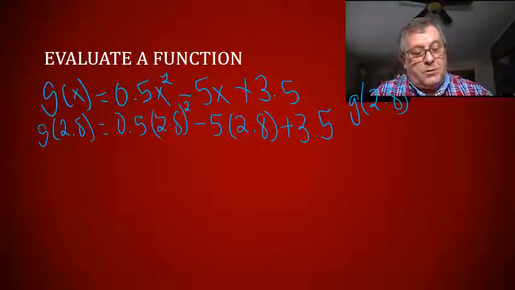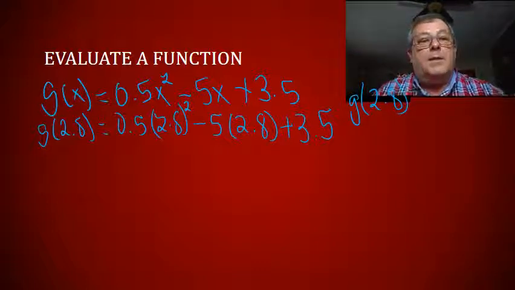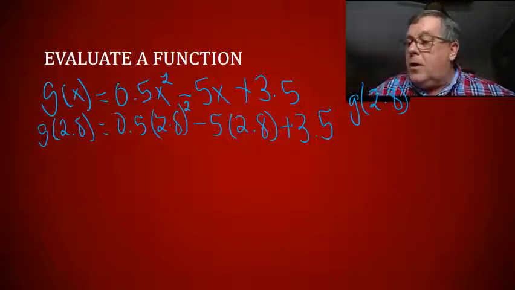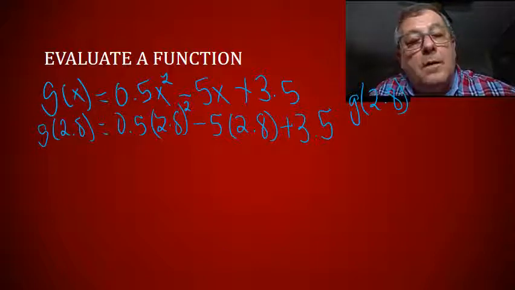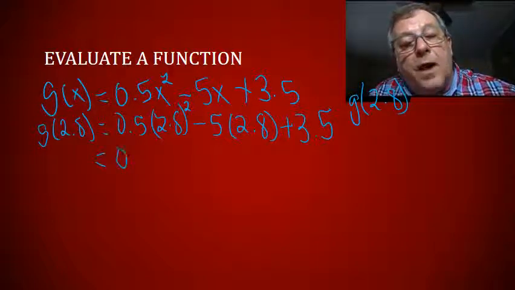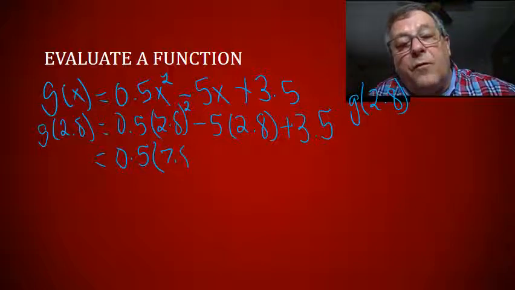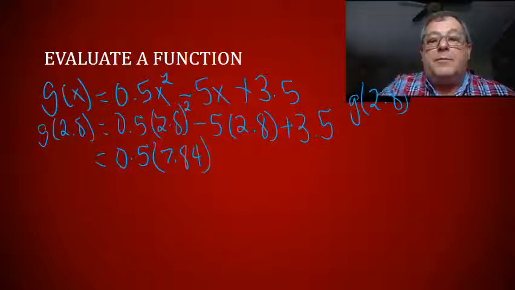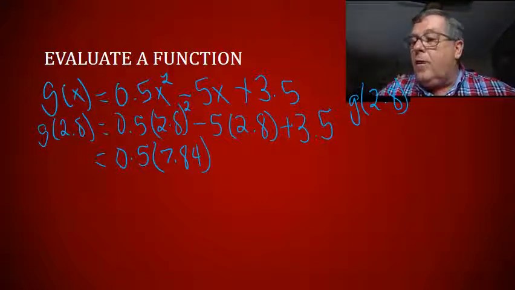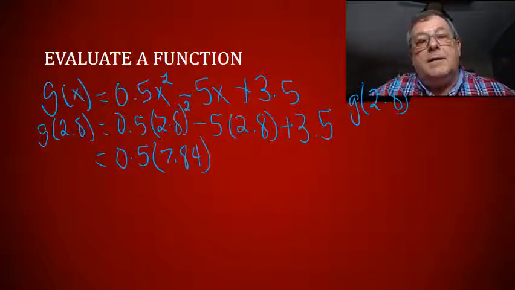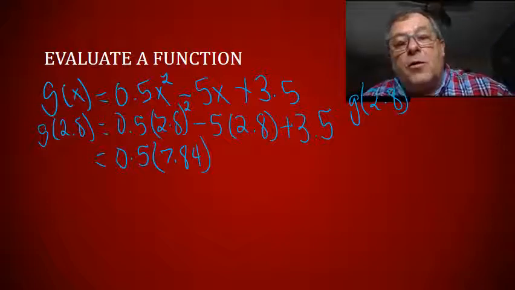Is that 2.8 squared? I'm not going to be able to do that in my head. All right, so 2.8 squared is 7.84. So here we've got 0.5 times 7.84, which, by the way, if I go back up to that previous line, order of operations would indicate that I need to take care of those exponents first.